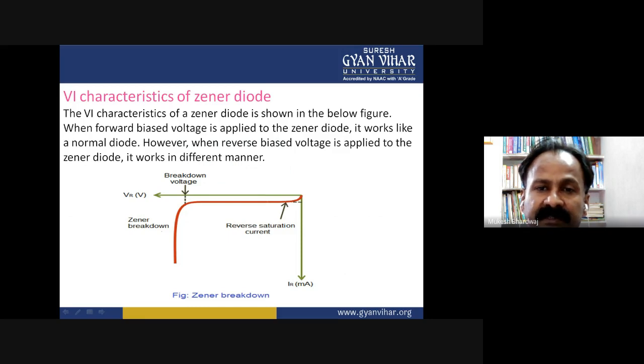VI characteristic of Zener diode. The VI characteristic of the Zener diode is shown in the figure below. When forward bias voltage is applied to the Zener diode, it works like a normal diode. However, when reverse bias voltage is applied, it works in a different manner.